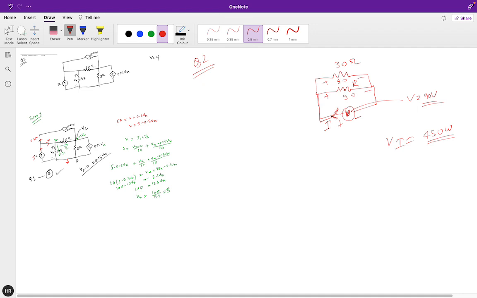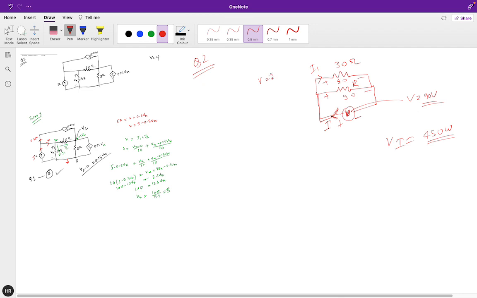So if you know the value of 90 volt in this question, can anyone tell me what will be the current? You know the 90 volt, you know the 30 ohm. So what will be the current?